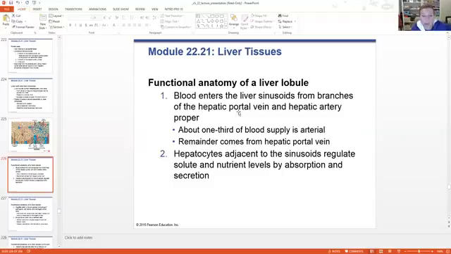So the majority of that blood that's flowing through those sinusoids, those little spokes, is the blood that's coming right from the intestines. Hepatocytes that are near the sinusoids are going to regulate solute and nutrient levels by absorbing and secreting. So imagine this. You have those little cells that are on those blue lines, and again, if you look back at that last slide, it's not quite as organized as this, but in my head, I like to have everything organized.